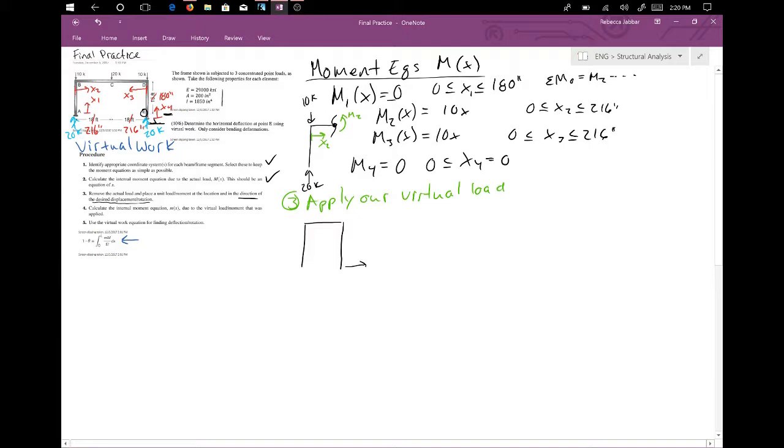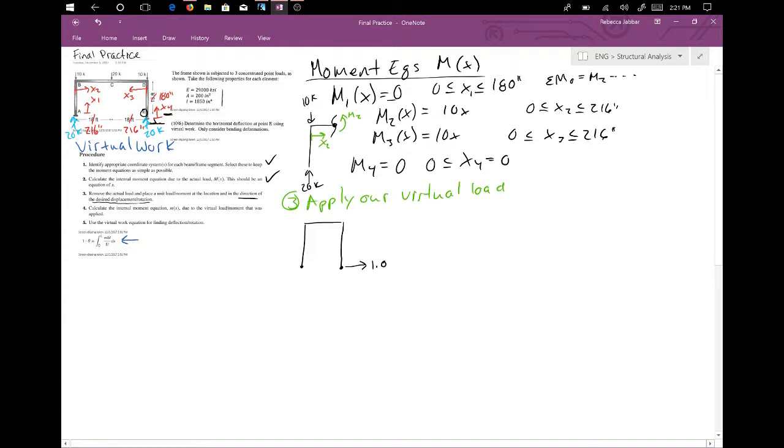And then we have our virtual load at E right here. Also note this virtual load is unitless. It's just a nice bookkeeping way to see the effects, but there are no units. It's not a kip. If you couldn't tell by the original photo, the support at E is a roller, but the support at A is a pin.